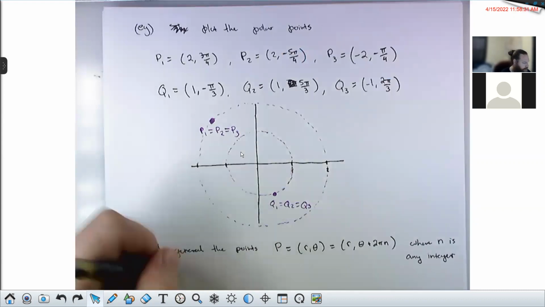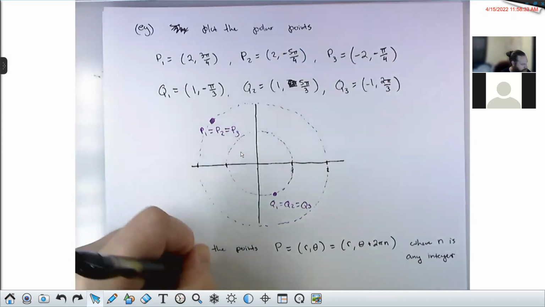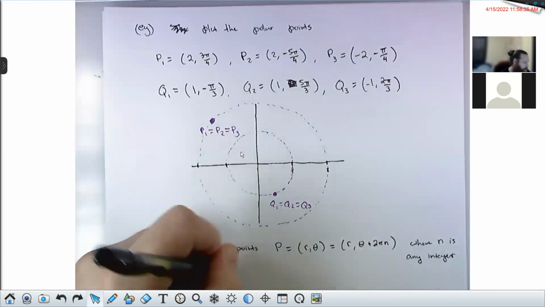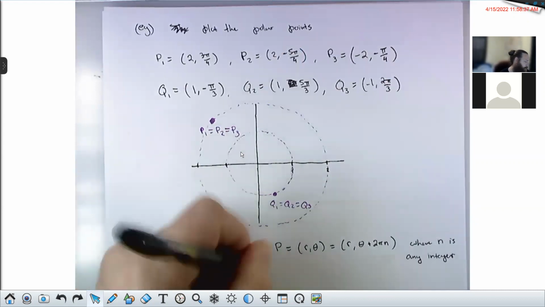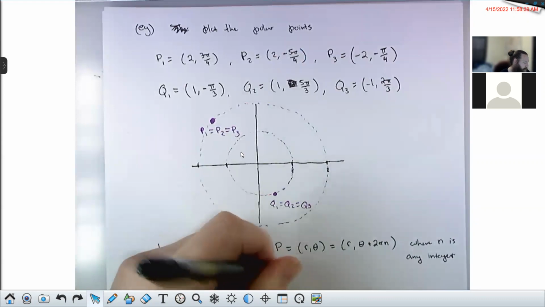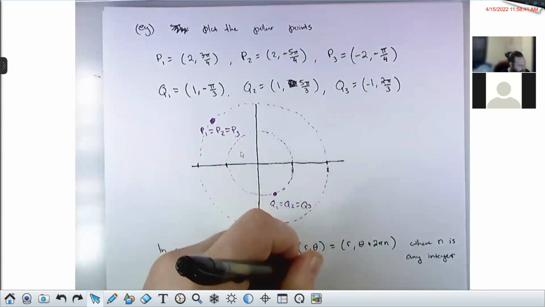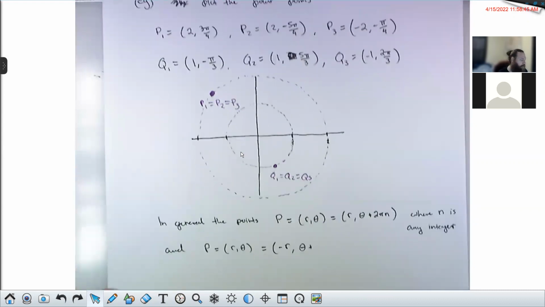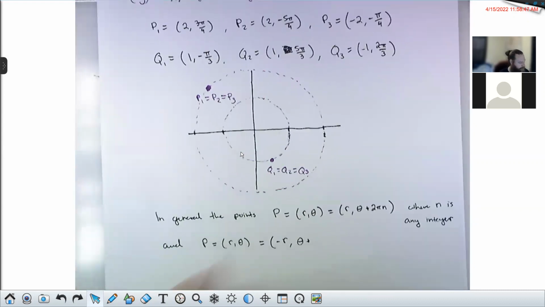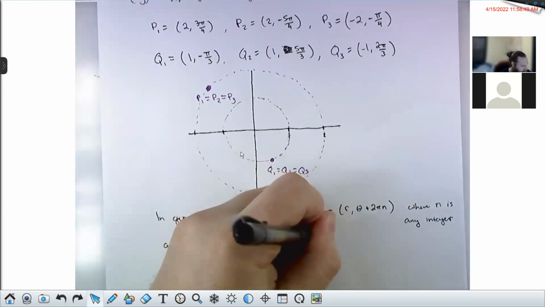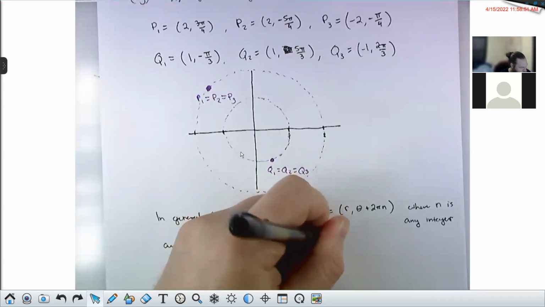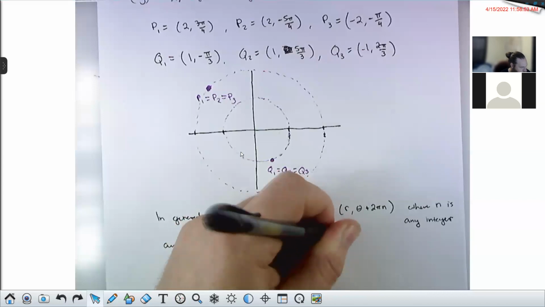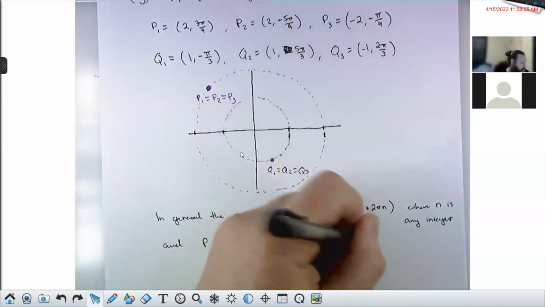And P equals R comma theta will be the same as -R comma theta plus an odd multiple of pi. Again, where n is any integer.